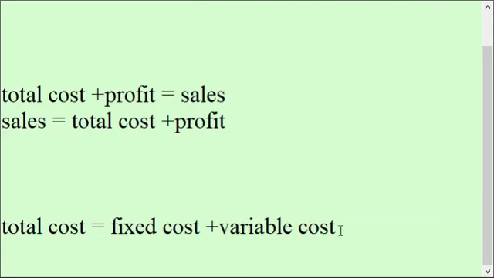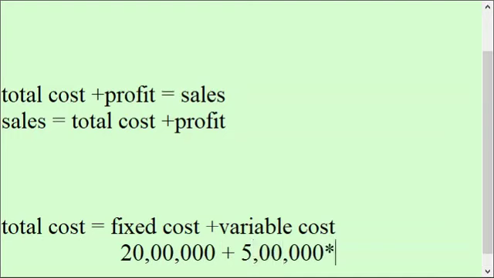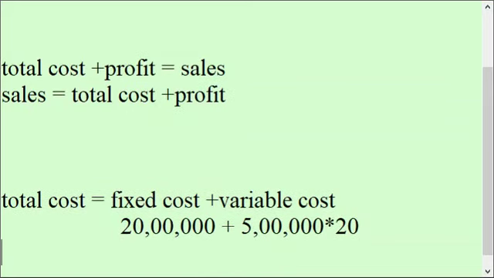Okay. So next line, fixed cost is 20 lakh plus variable cost. How many units have been produced? 5 lakh into 20, so that comes to 100 lakh.